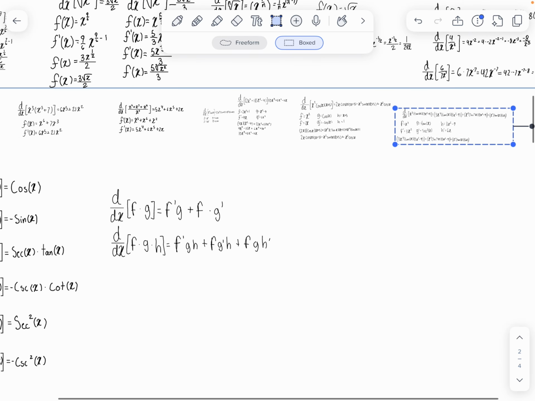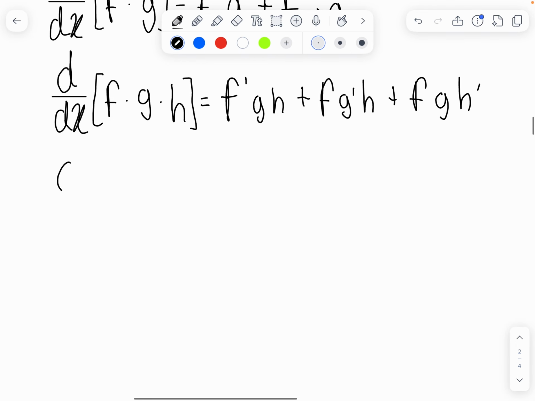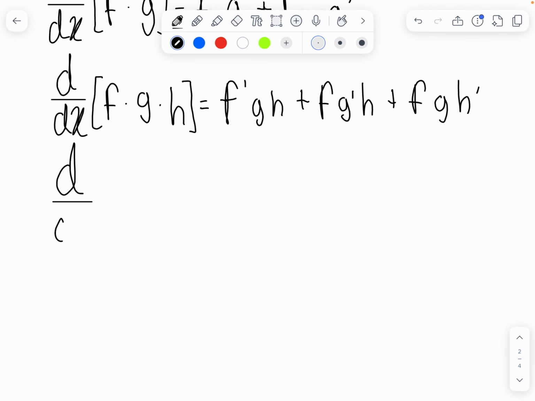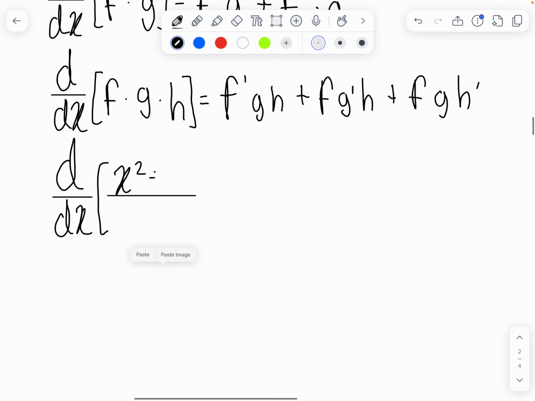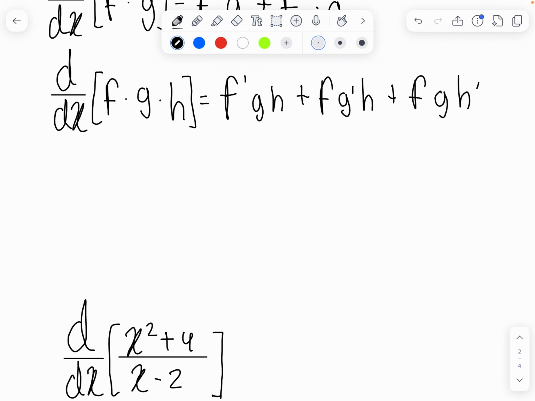And we have one more last formula. So what is the quotient rule? So d over d of x, x squared plus 4 over x minus 2. Wait, that's our question. Sorry. Formula. Okay. I'm thinking. I'm trying to reminisce the formula.